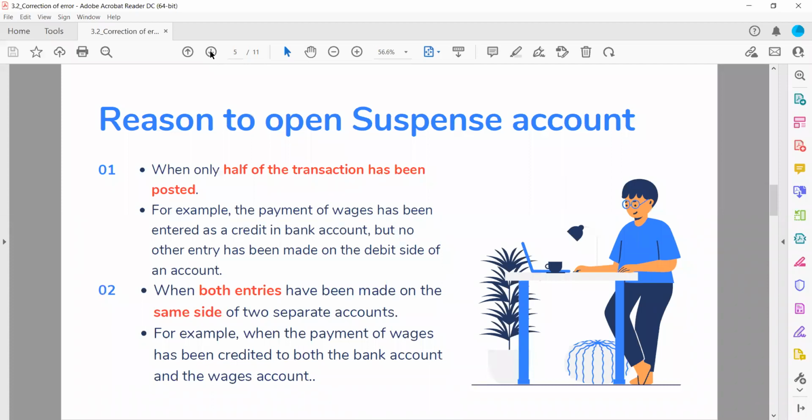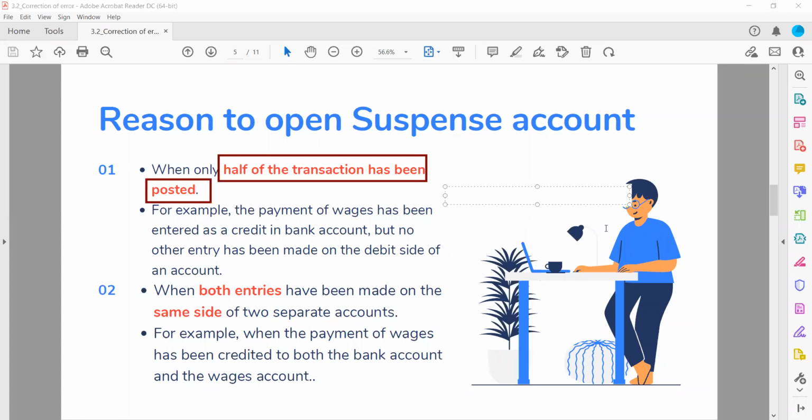Why do we need to open the suspense account? When half of the transaction has been posted, maybe we forgot to debit, or maybe we forgot to credit. For example, the payment of wages has been entered as a credit in the bank account, but no entry has been made on the debit side. So the debit is forgotten. We have to use the suspense account to make the trial balance.